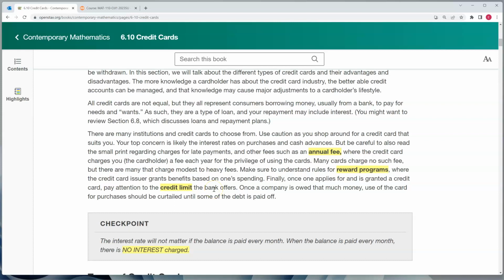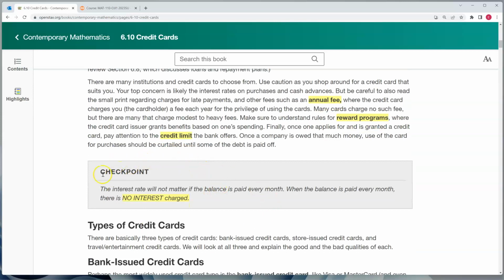But for the average consumer, you're looking at anywhere from $2,000 to $10,000 limit, and that's a huge range. But all of this, the fees, the credit limits, the interest rates, is highly dependent on your credit score.